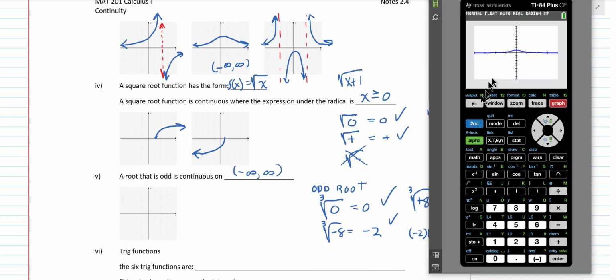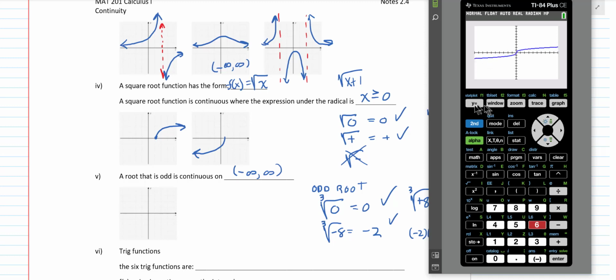I'm just going to put this in the calculator real quick. If you go to the math button, that's where you can put your roots in. Option 4 is where you find the cube root. If I do the cube root of x in a standard window, you can see that graph is continuous everywhere.